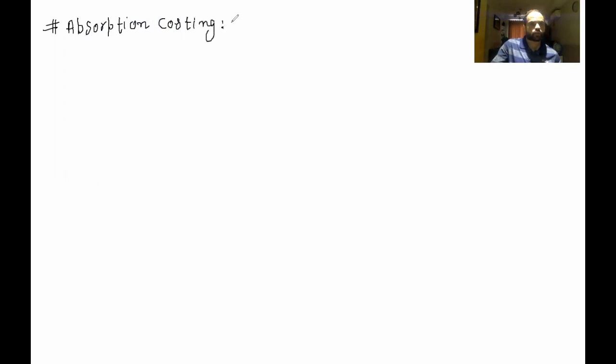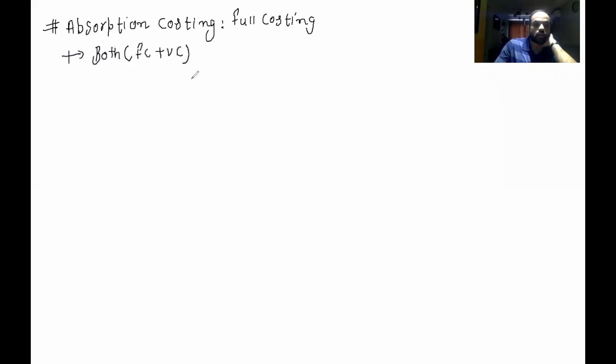Another name of absorption costing is full costing. Why do we call it full costing? Because absorption costing believes that both fixed plus variable are part of manufacturing.